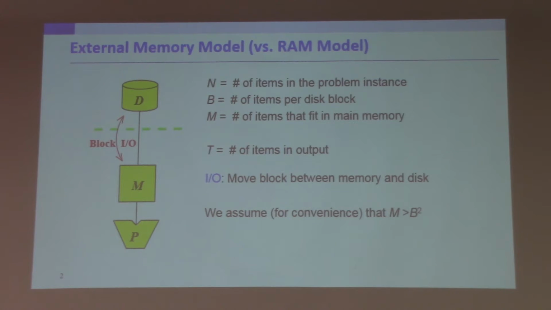That makes sense? So for the same reason, we use B, the number of items, to quantify how big your page is, because that's really a relative concept. If you go to store a number of characters, a 4 kilobyte page is huge, because that gives you 4,000 items already. But if you go to store an image, then a 4 kilobyte page is not so big.